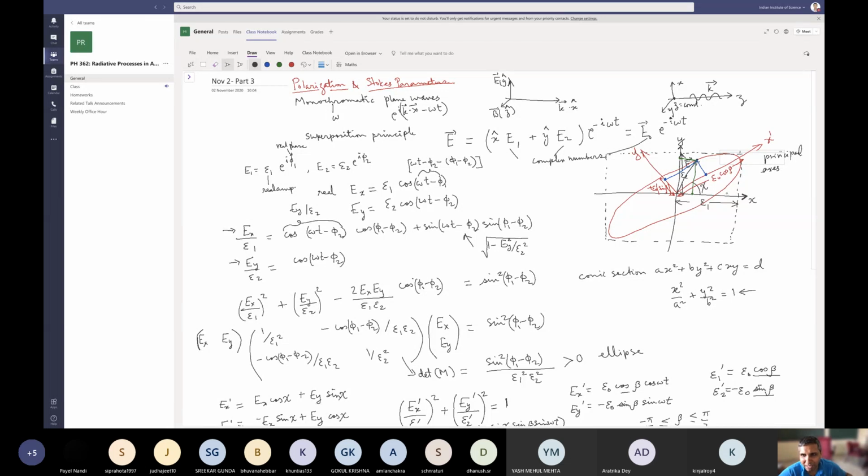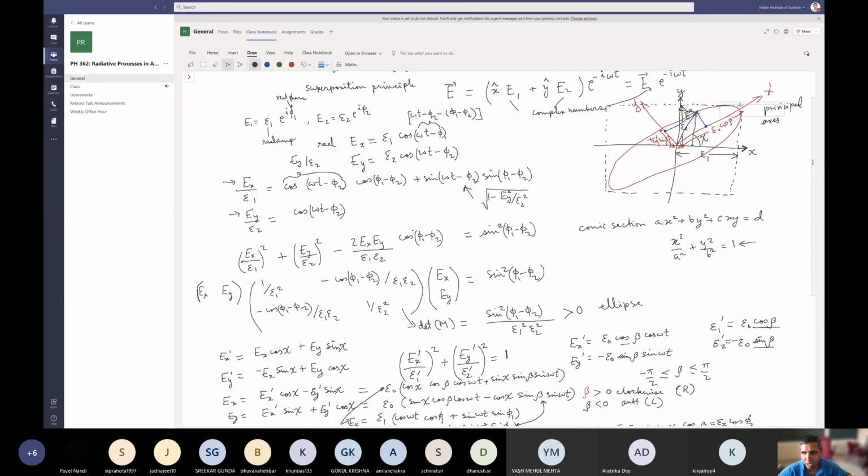But an even better way to represent this polarization is not to worry about individual phases phi 1 and phi 2, but just the relative phase between these two components. If you do that, you can describe it in terms of this polarization ellipse.